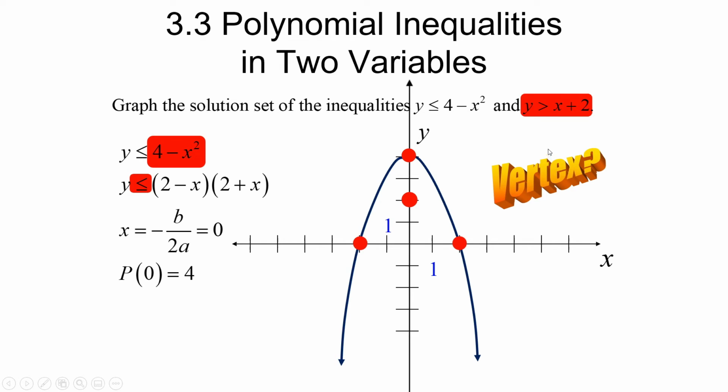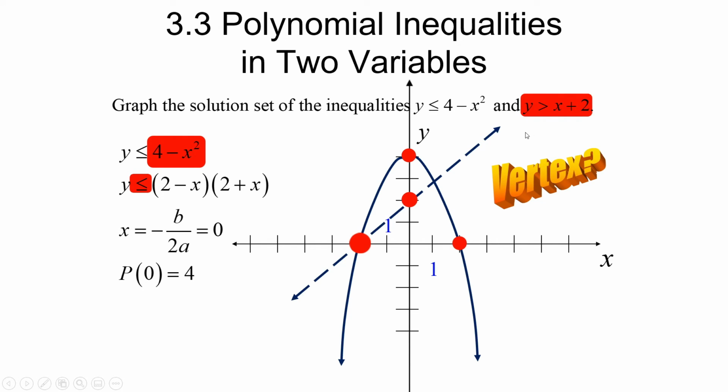Okay, and then a slope of 1. So I think I'd use this point right here, because if I go from this point to this point, I am rising 2 and I'm running 2, giving me a slope of 1. So those 2 points right there, here comes my line. And will this line be solid or dash? Well, y is greater than x plus 2, so I need a dash line right there, just like that.